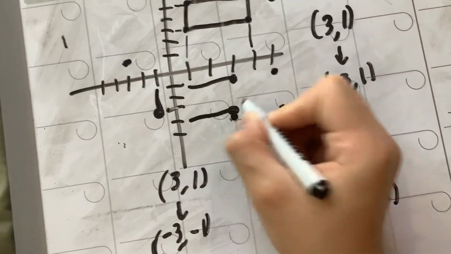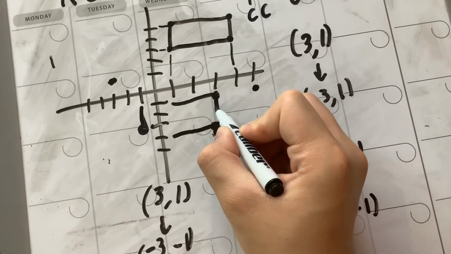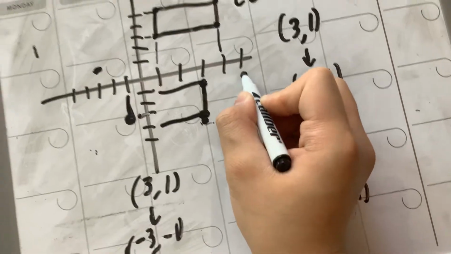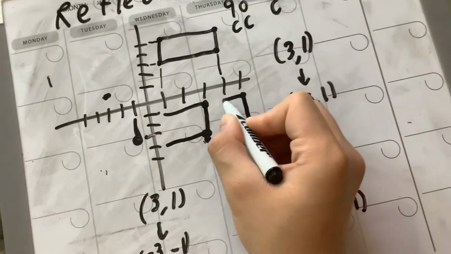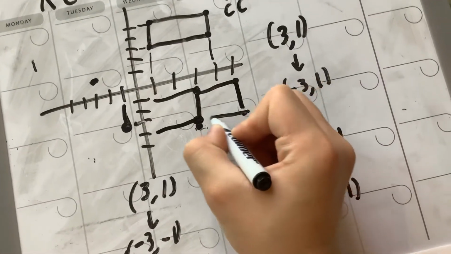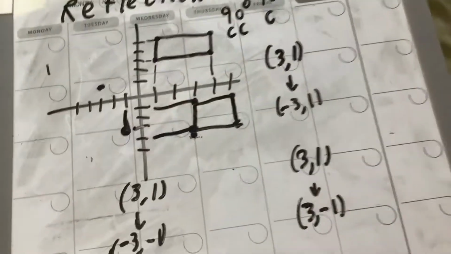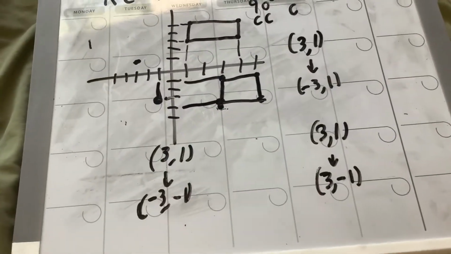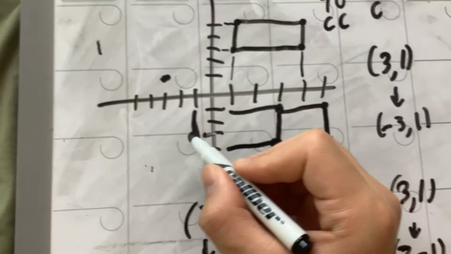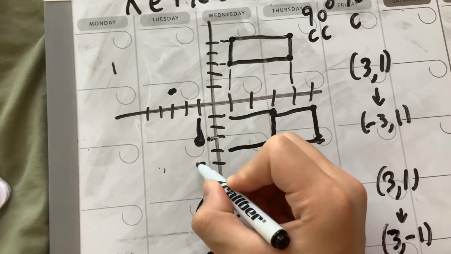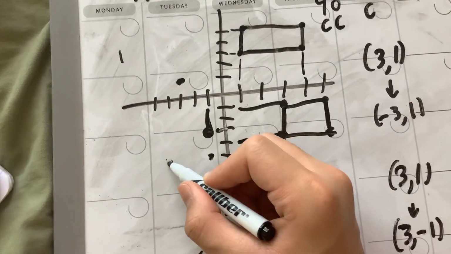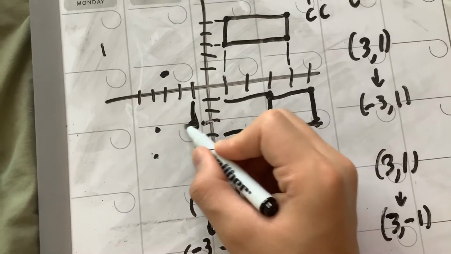Oops. So now, you move these down, but like this. You're done. It might not look pretty on mine. So now you do the same thing, but this time you do it like this.